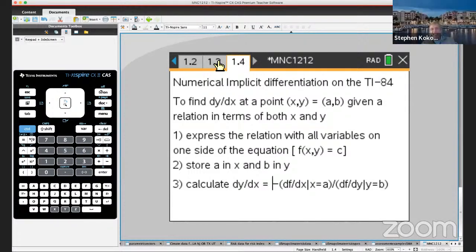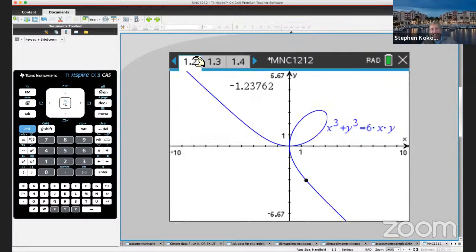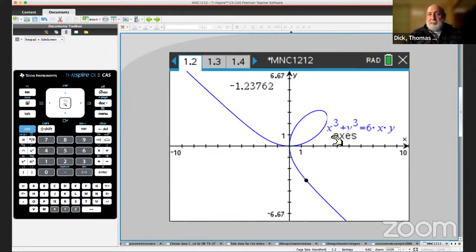Okay. I'm going to go back to this example here that you started with. Okay. And what I'm interested in is, I think the point 3, 3 is on this curve. Let's just do a quick reality check here. So 3 cubed is 27, plus 3 cubed is another 27, would be 54. And that's 6 times 3 times 3. Okay.